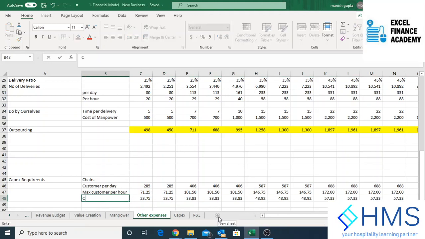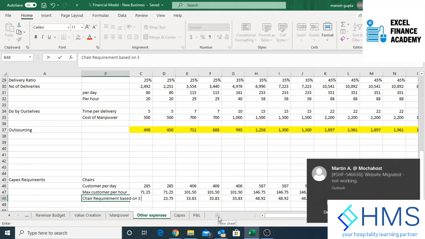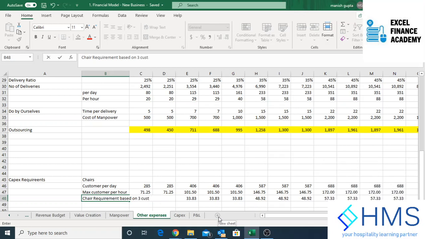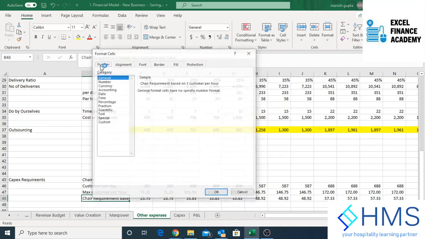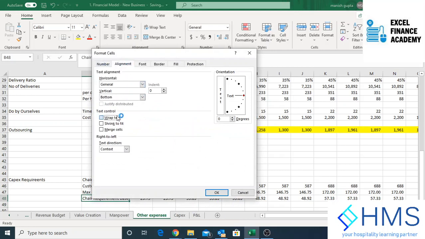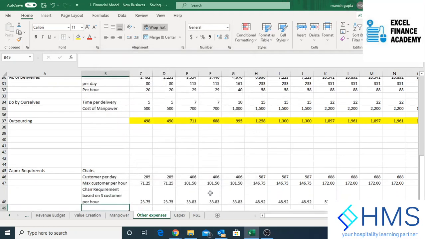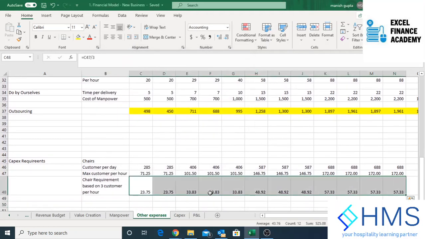So the chair requirements based on 3 customers per hour, right? Correct. So you need 23, 24, 20, 57 chairs in total.